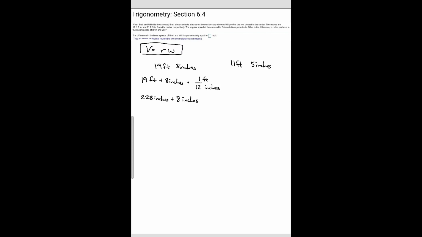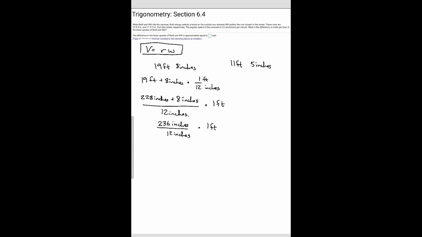Since it's times 1 foot over 12 inches, we can just say divided by 12 inches. So 228 plus 8 gives us 236 inches over 12 inches. Also, don't forget your 1 foot. I apologize for that. That foot does not go away.